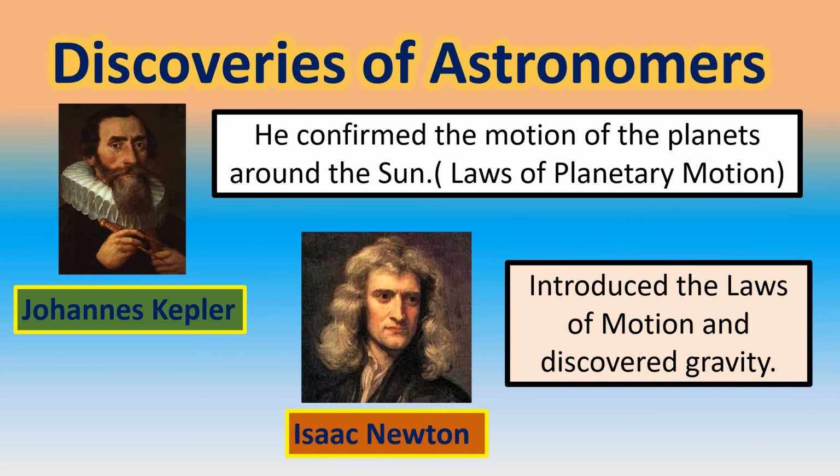So these are the different astronomers and their discoveries who contributed a lot in the world of astronomy. Remember, astronomers are the scientists who study the universe and all of the objects within it. Most of the scientists have proved that the Earth moves around the Sun.